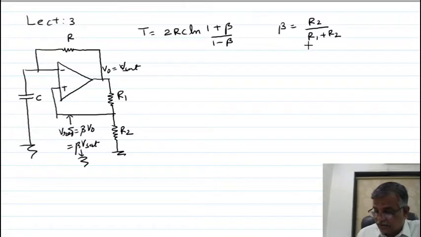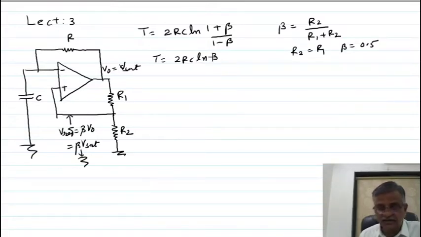In this circuit, if I take R2 equal to R1, then beta is nothing but 0.5. So my equation will be 2RC ln 3. You can do the calculation.